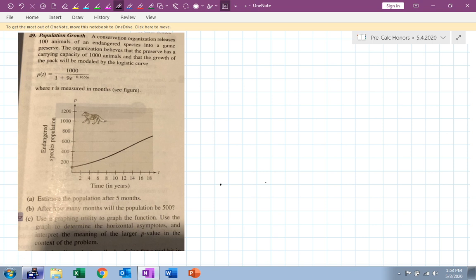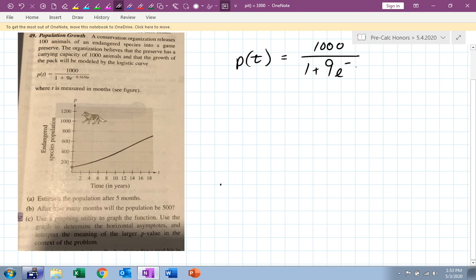It's insane, but that's okay. We're going to use it. So I'm going to jot that down. P of t is 1,000 over 1 plus 9e to the negative 0.1656t. That's one heck of an equation.